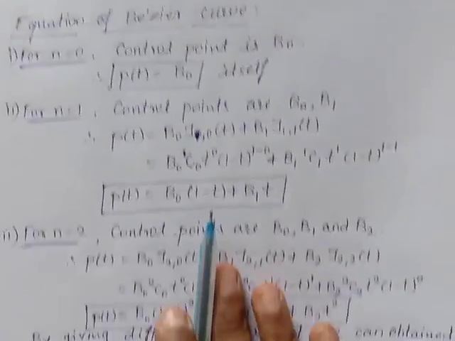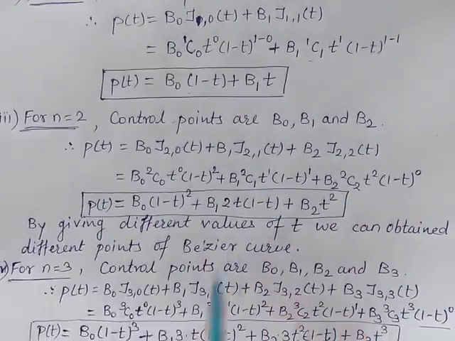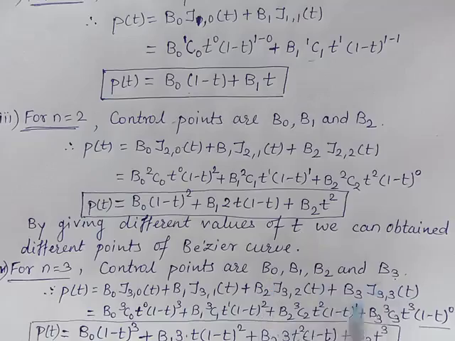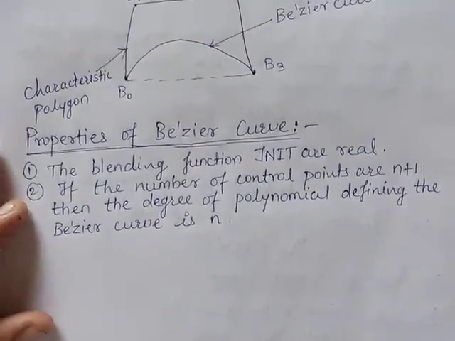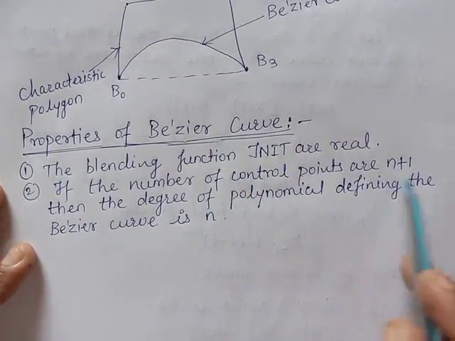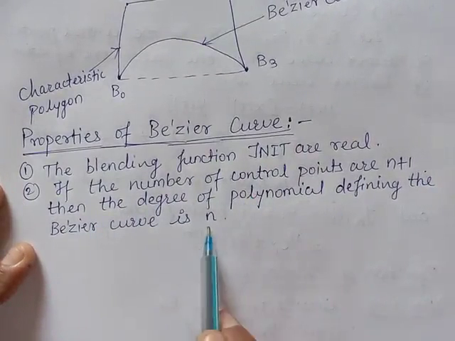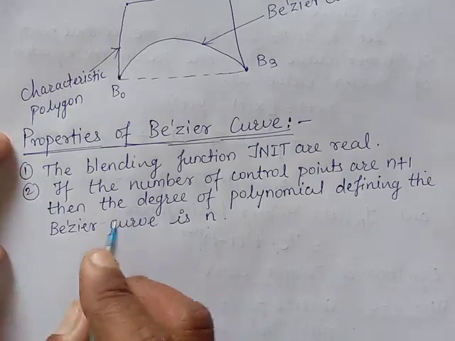It is linear, right? When there are three control points, then it will be quadratic. When there are four control points, then it is cubic. So if degree will be n, then number of control points are n plus 1. The same thing is mentioned here: the control points are n plus 1, then the degree of the equation of the Bezier curve will be n.